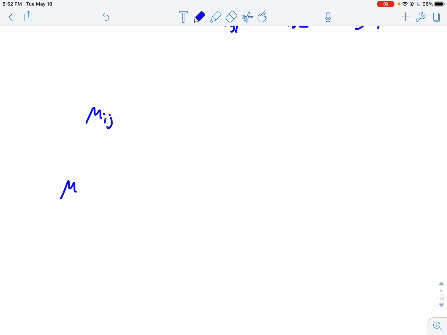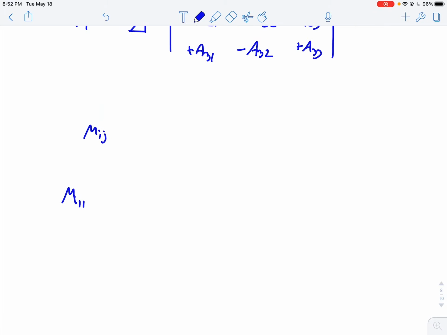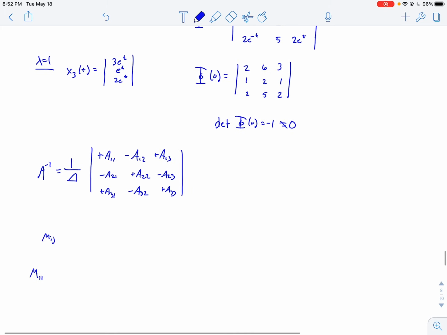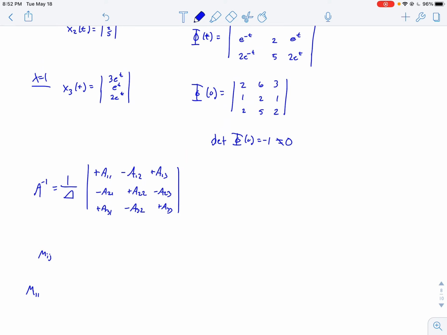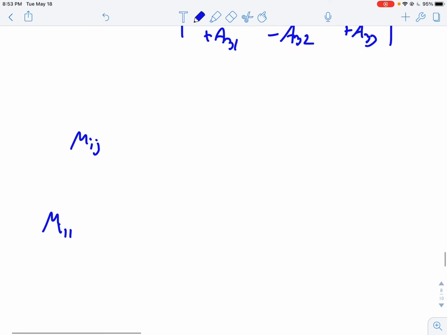Basically, for our first entry, we're going to do M, which is our matrix of minors, of row 1, column 1. What you do here is look at our fundamental matrix that's evaluated at 0, and cover up the I and the J row and column to build a 2 by 2 matrix.